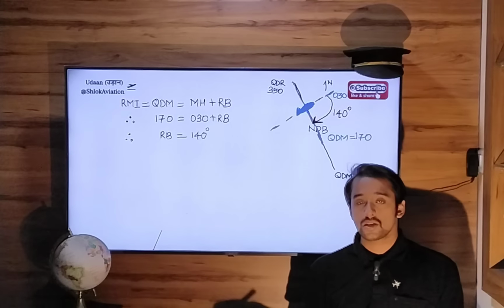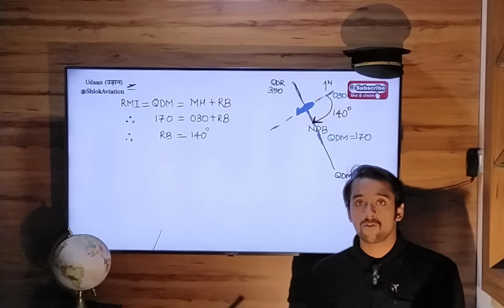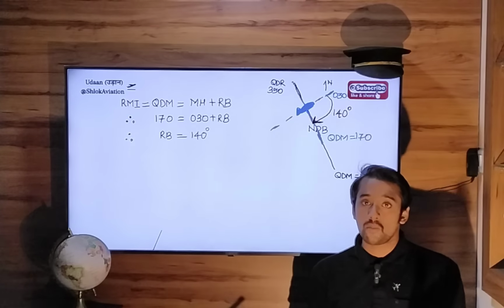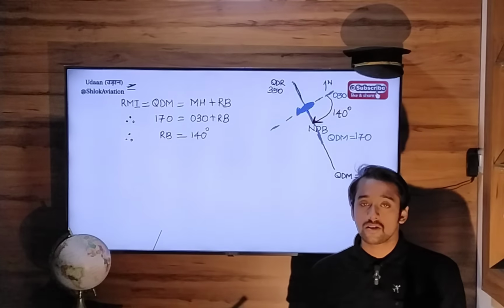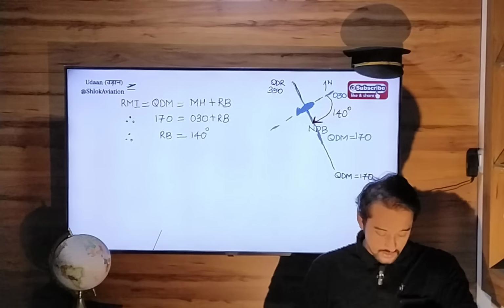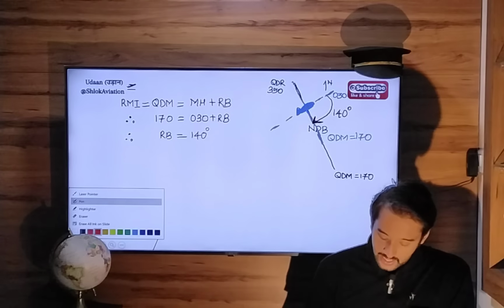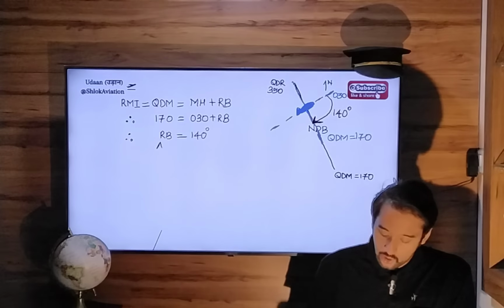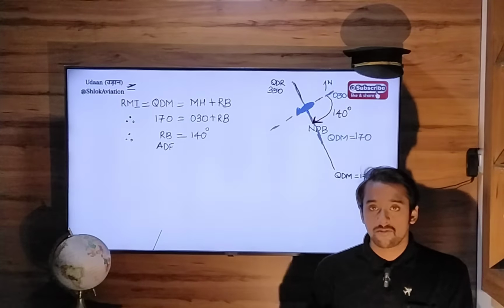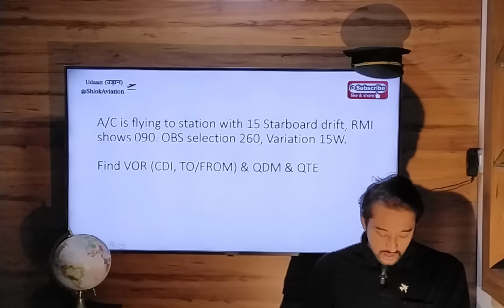That means the NDB station is at a relative bearing of 140 from your aircraft heading, or from the longitudinal axis of your aircraft. Next, relative bearing is also known as ADF reading, automatic direction finder equipment reading. Let's go to the next question.